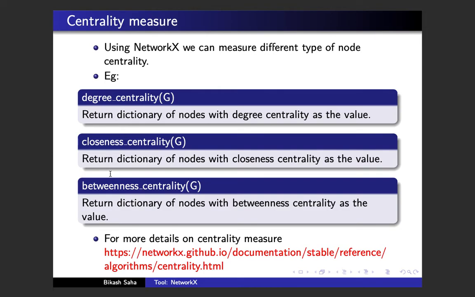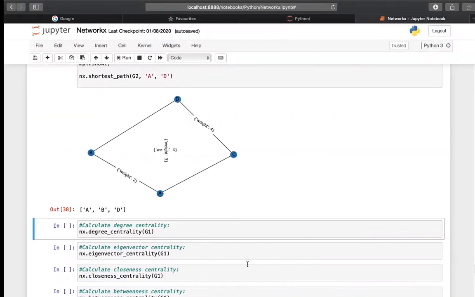Closeness centrality will return a dictionary of nodes with closeness centrality as their value, and betweenness centrality will return a dictionary of nodes with betweenness centrality as their value. For more details on centrality, I provide this link. You can find lots of centrality algorithms there, so you can go to this link and check once.